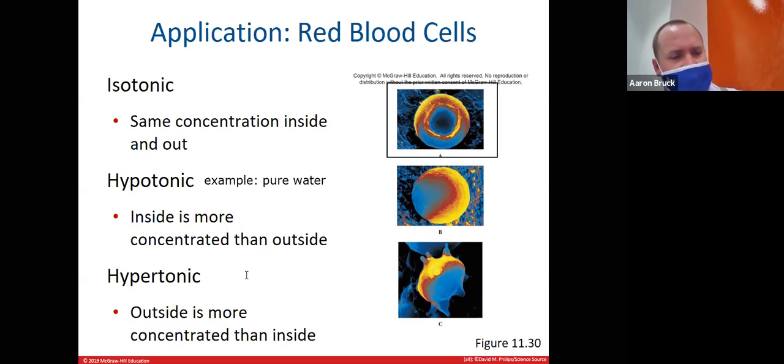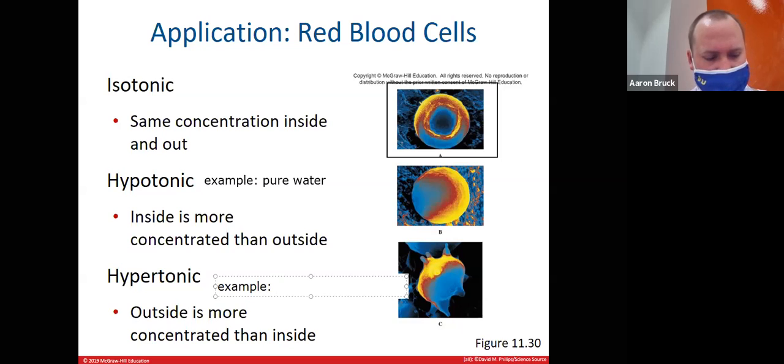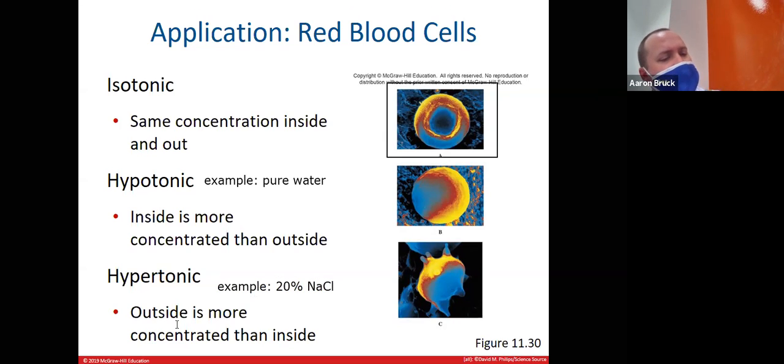The third kind of situation is a hypertonic solution. Now, in a hypertonic situation, for example, a high concentration of sodium chloride, you have a greater concentration of solute outside and a lower concentration of water.